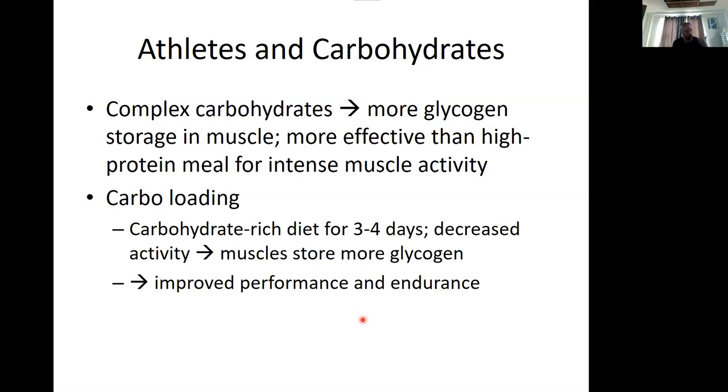We know that in the future we're going to need a lot of ATP quick. Our easiest source for that is glycogen, and turning that back into glucose. So the process of carboloading is basically just eating way too many carbs for 3 or 4 days before you're going to have your athletic event. Sitting on your butt a lot.